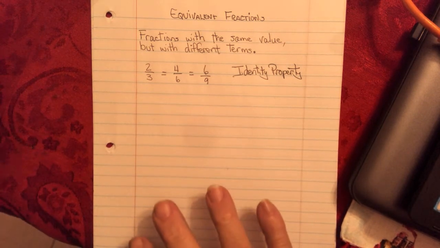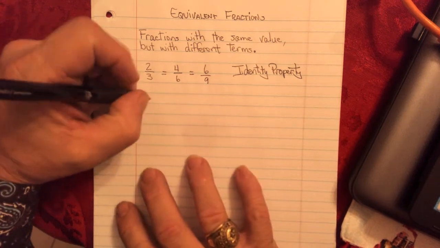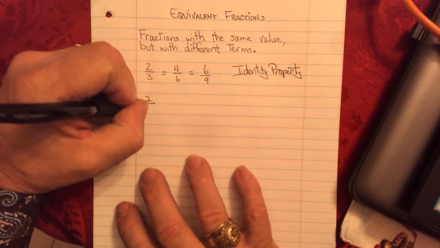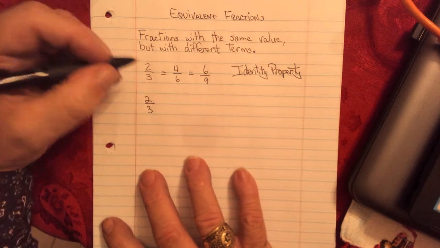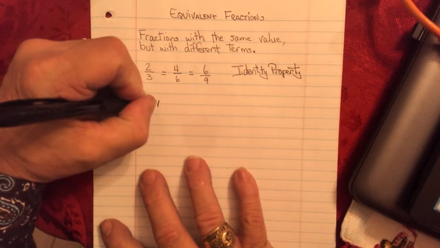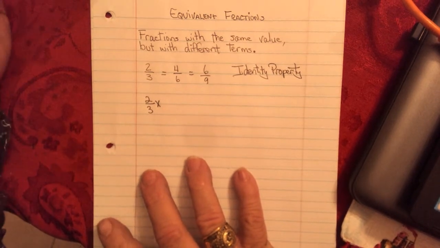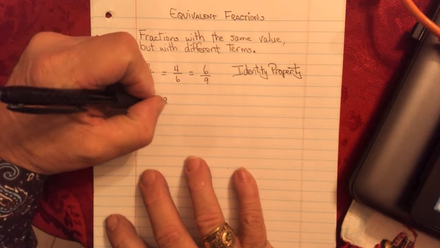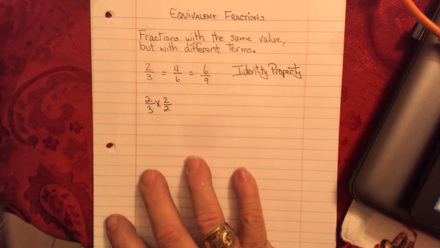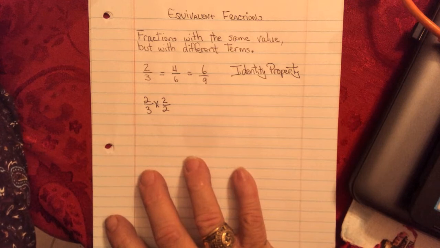The difference with fractions is when I multiply by 1, I'm going to multiply by a fraction. So any fraction that has the same numerator and denominator is equal to 1. For instance, 2 divided by 2, or 2/2, is 1 whole.